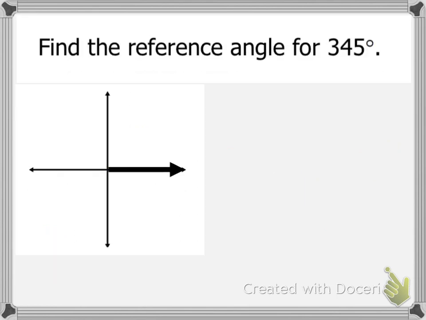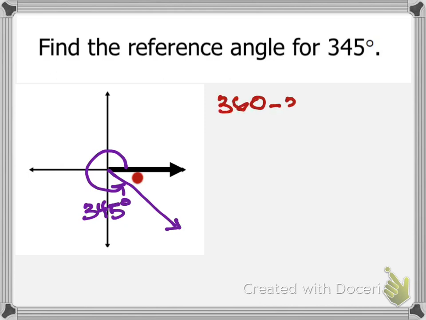For 345 degrees, there he is, and we're going all the way this way because that's a positive angle, 345. So we need what's left over. So to find it, we would have 360 minus the 345. So 15 degrees.